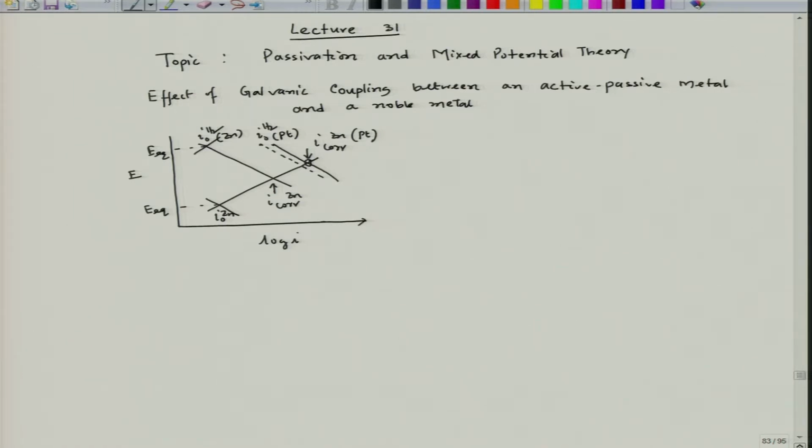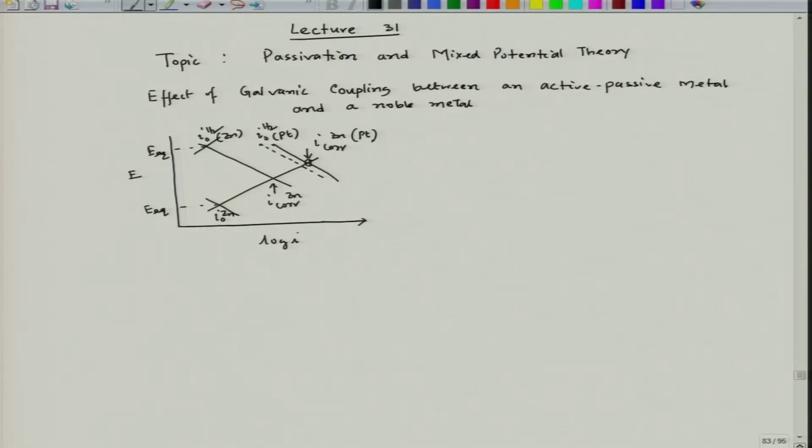But in case of active passive metal, the situation could be different. There could be a situation where the corrosion rate either increases because of the galvanic coupling, or a situation where the corrosion rate of the active passive metal decreases largely because of the galvanic coupling with a noble metal.